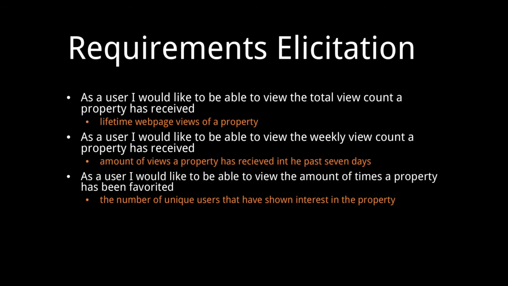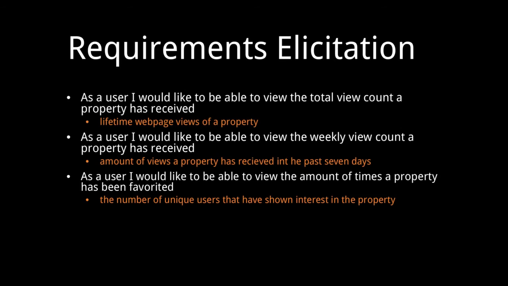Now, the requirements elicitation is fairly simple because when we created user story number 2416 and we created the acceptance criteria, those acceptance criteria are essentially the requirements elicitation for this user story. Okay?